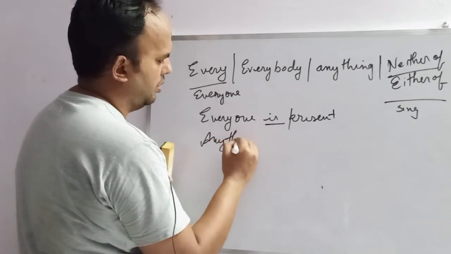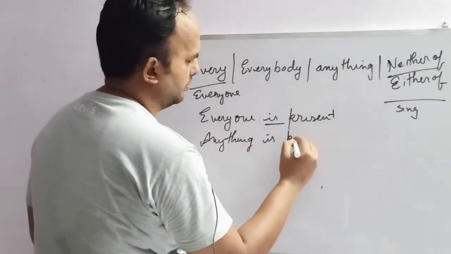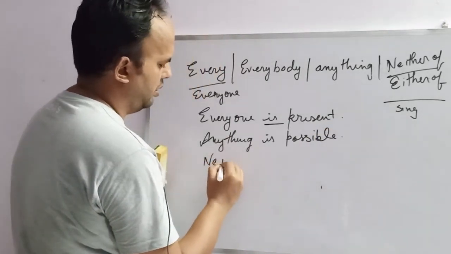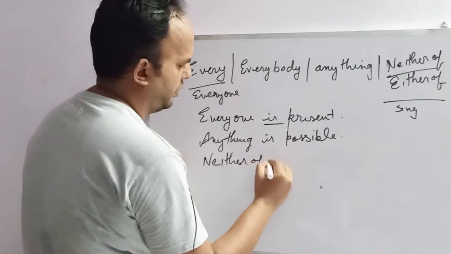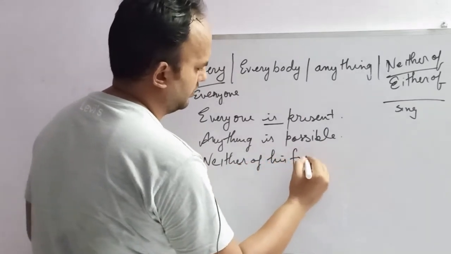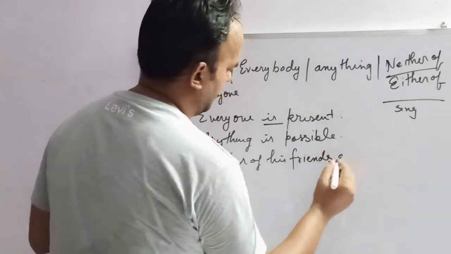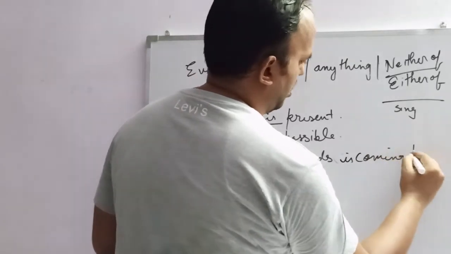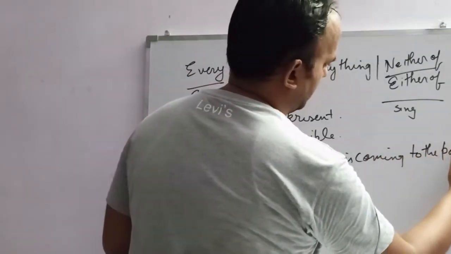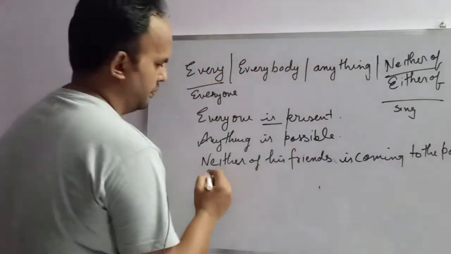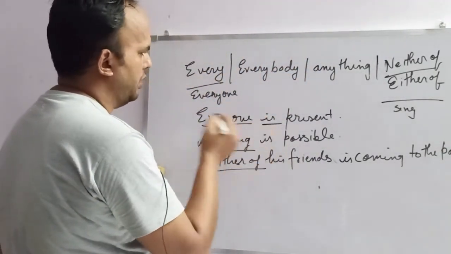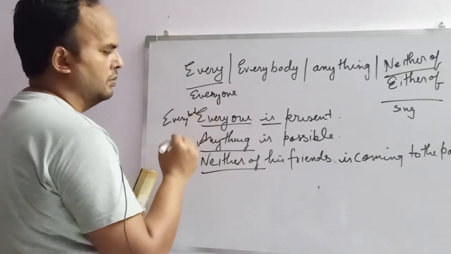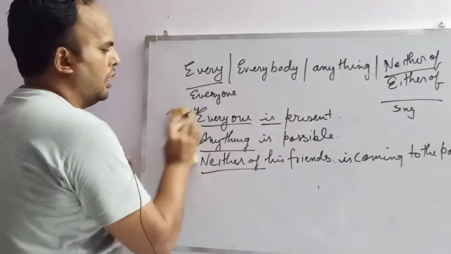Anything is possible. Neither of his friends is coming to the party. So, we are using neither, anything, everyone, or everybody. You can say everybody here. Everybody is present.